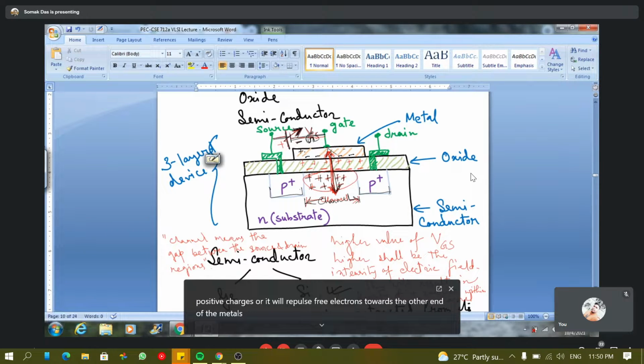So if it repels free electrons to the other end, positive charge accumulation will be in the upper surface. If this happens, again these repelled free electrons will attract positive ions from the oxide layer towards it.